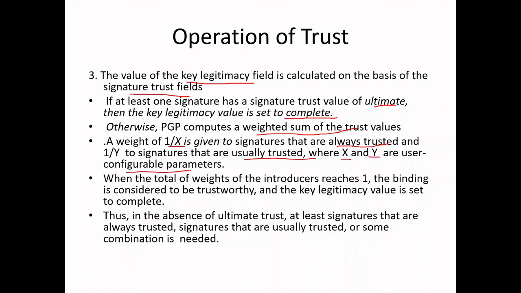Now, when the total weight reaches 1, the binding is considered trustworthy and the key legitimacy value is set to complete. Thus, in the absence of ultimate trust, you need at least signatures that are always trusted, signatures that are usually trusted, or a combination of these. So either you have ultimate trust, or, in case ultimate trust is not there, the always trusted and usually trusted values are considered and their weighted average is taken.